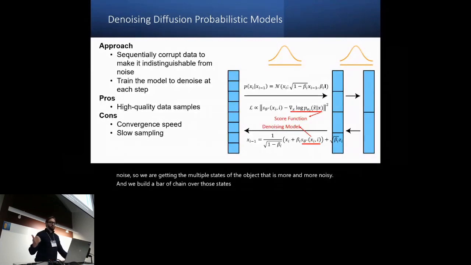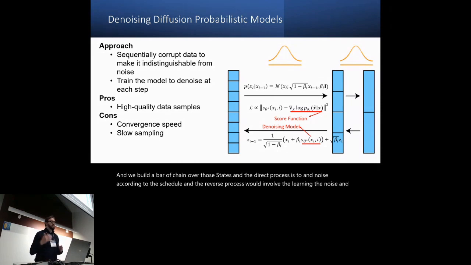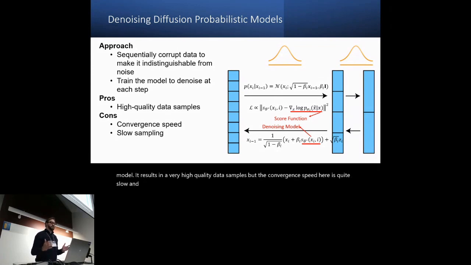The direct process is to add noise according to the schedule, and the reverse process would involve learning the noise model. It results in very high quality data samples, but the convergence speed here is quite slow, and the sampling process is also slow because we need to run the noise models for each of the steps.